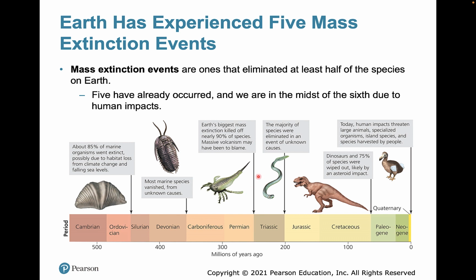Okay, crazy that happened. And we are in the midst of the sixth, many scientists believe, due to human impact. There's a really good book, if you're interested, called The Sixth Extinction that gives a lot of evidence for it. It's a really easy read, too. It's not super heavy sciencey, very accessible.